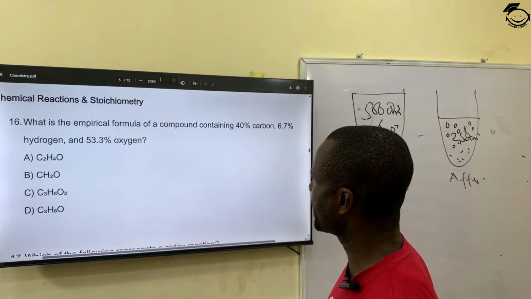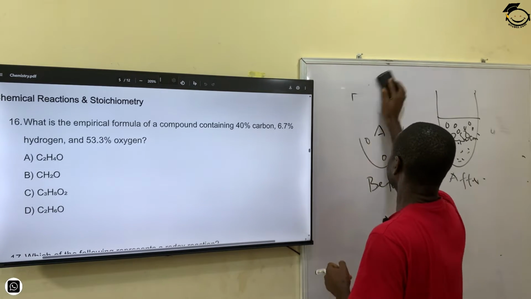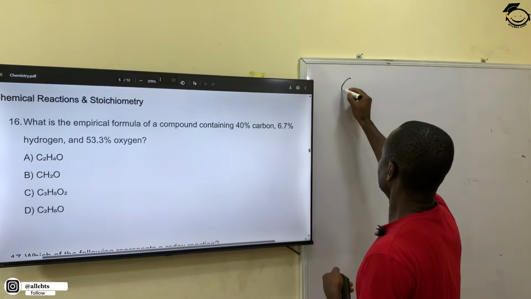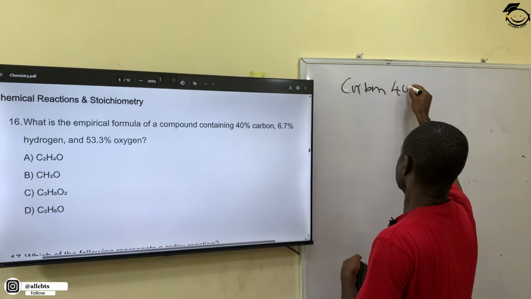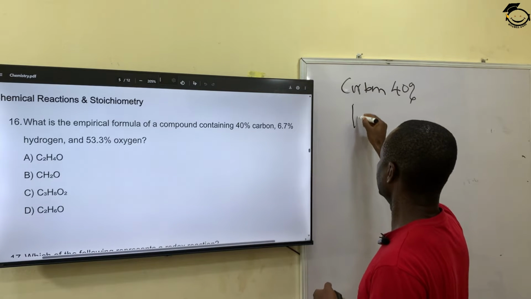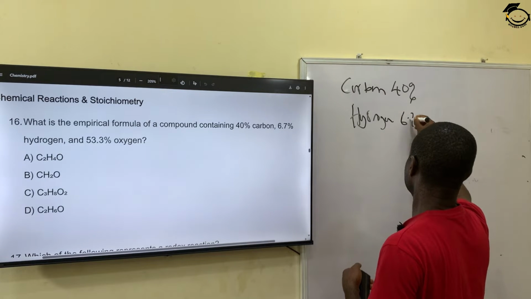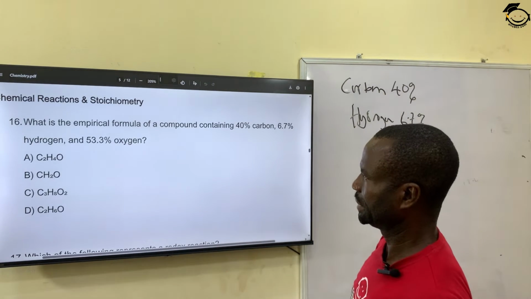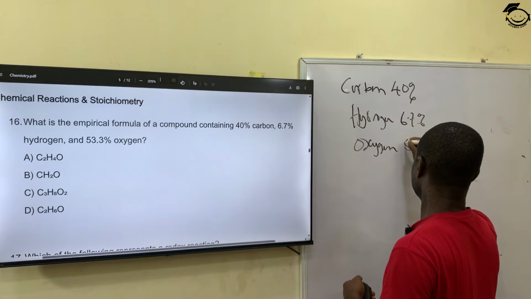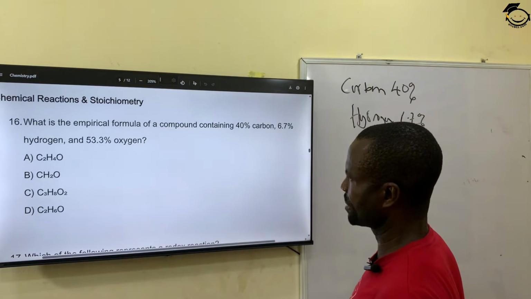What is the empirical formula of a compound containing 40% carbon, 6.7% hydrogen, and 53.3% oxygen? Okay, everything makes up 100.